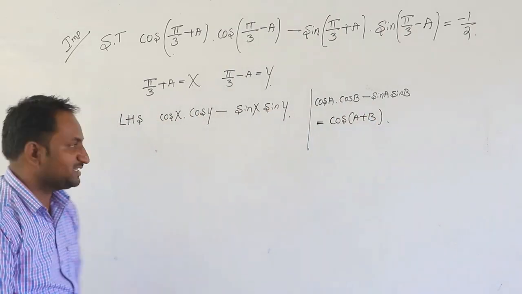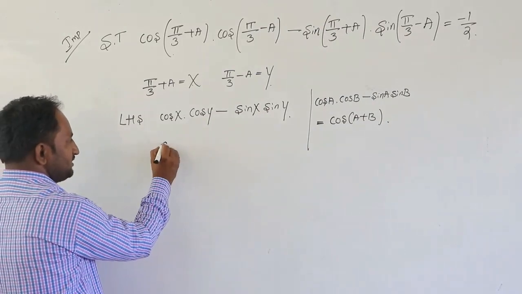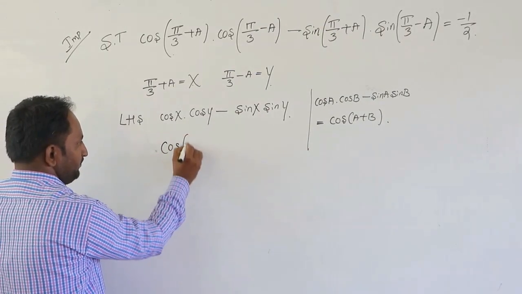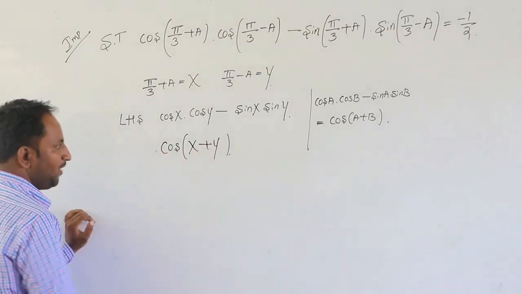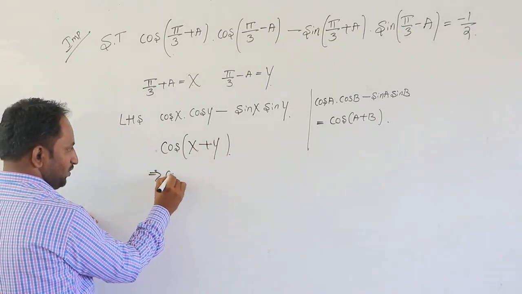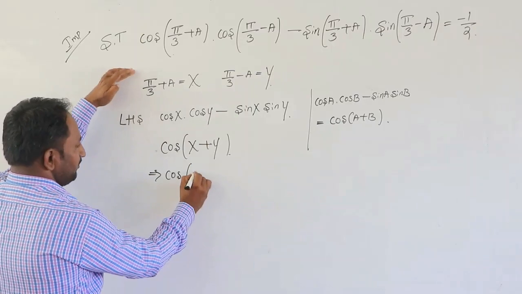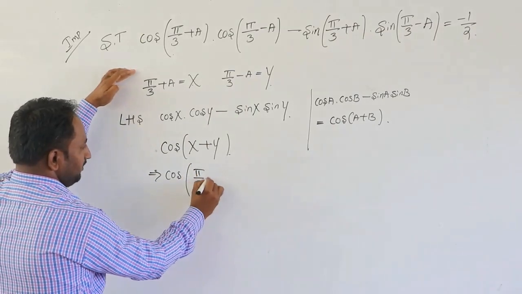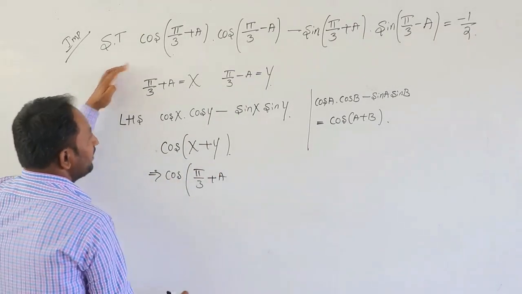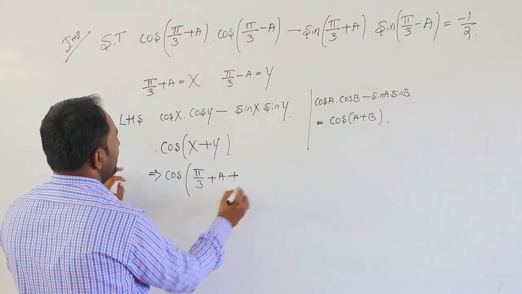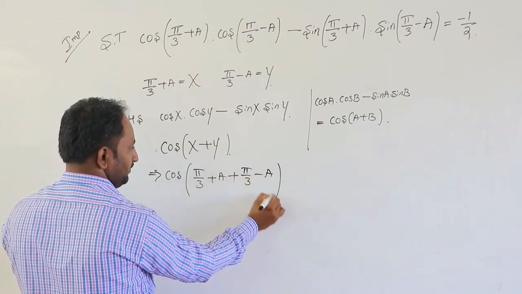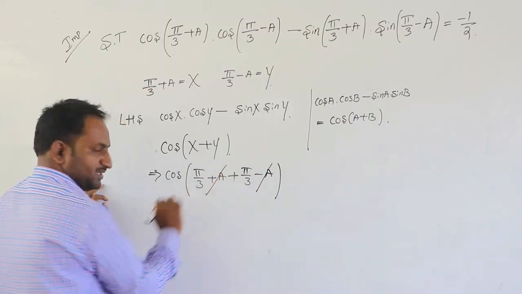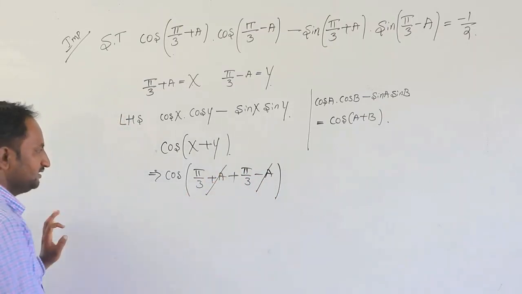Here this result is cos of x plus y. That implies cos of x, which is pi by 3 plus a, plus y, which is pi by 3 minus a. That is, minus a plus a will get cancelled.